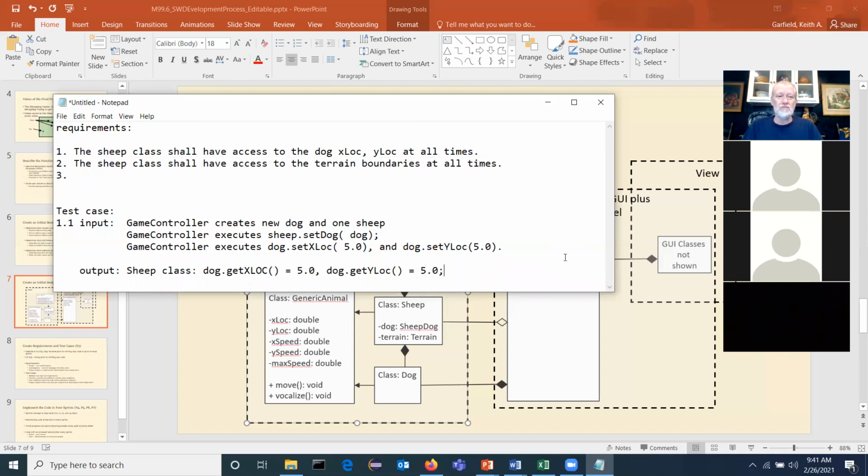There's an easier solution. You write methods in your code that are just there to do testing. That's their job. And then you can run test cases. It's your code, right? If you wanted to write a method where the game controller made a dog and made a sheep and gave the dog to the sheep and set the dog X location at 5 and the Y location at 5, could you write a method to do that? Yeah. What might you call that method?